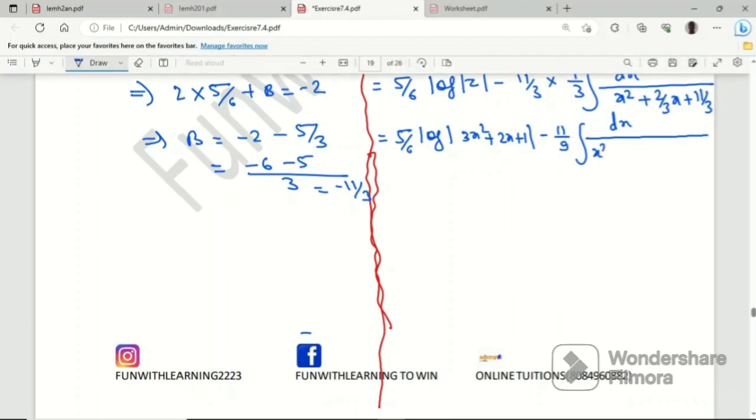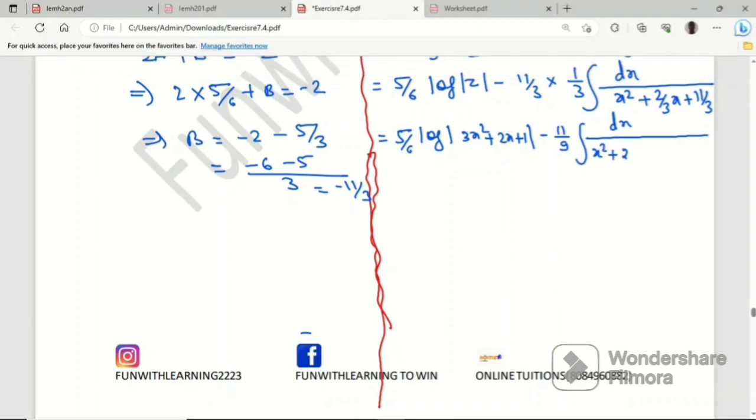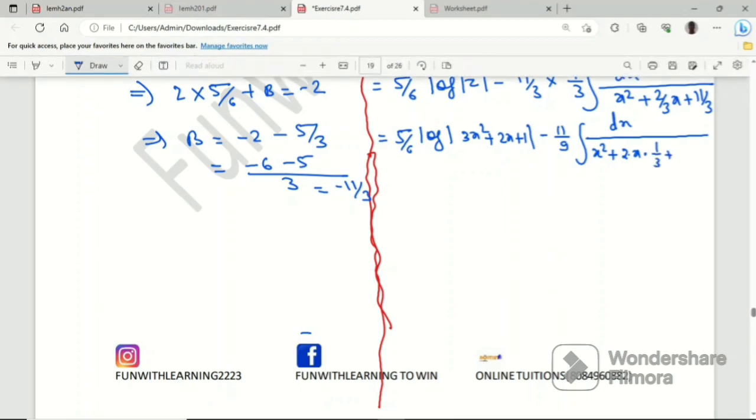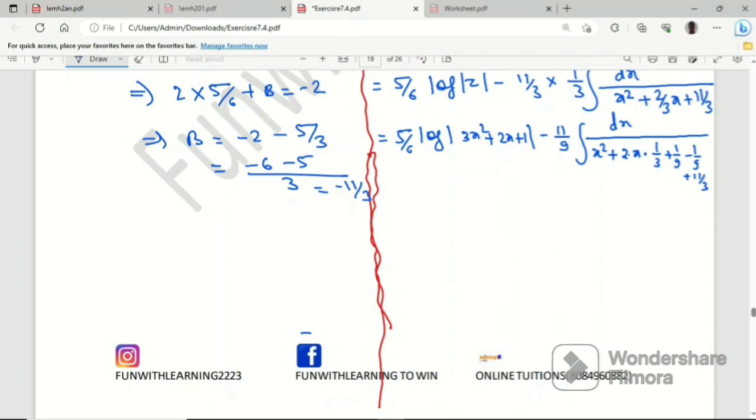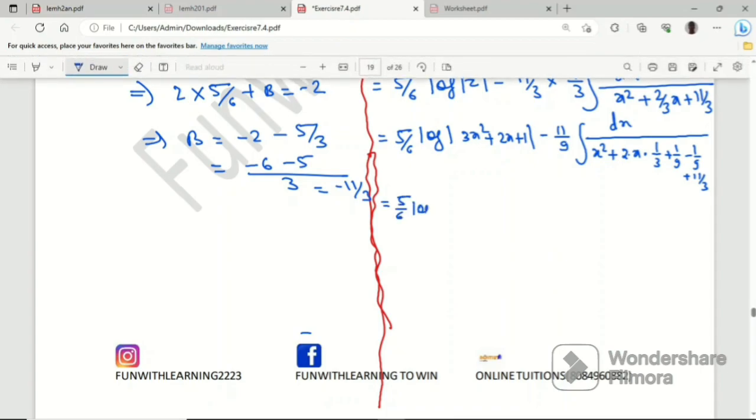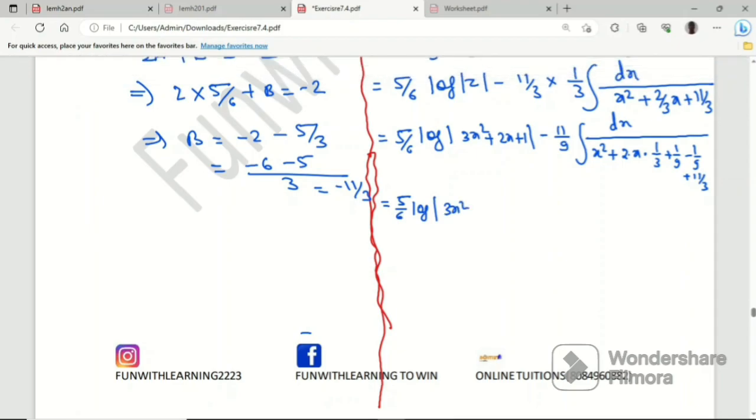So it is x square plus 2 into a into, what is b here, 1 upon 3. So I'll add 1 upon b square, so it will be 9 minus 1 upon 9 plus 11 upon 3. So I'll get 5 by 6 log 3x square plus 2x plus 1 minus 11 upon 9.